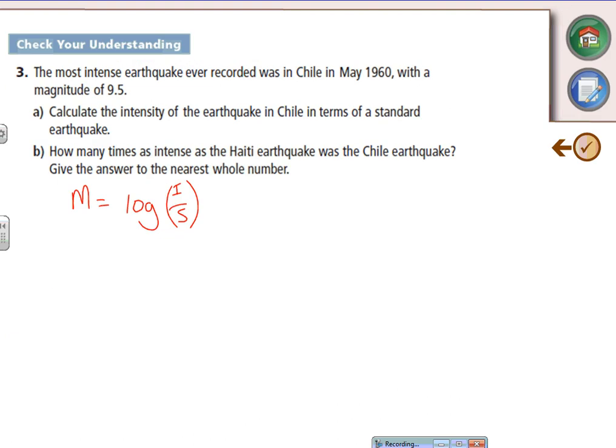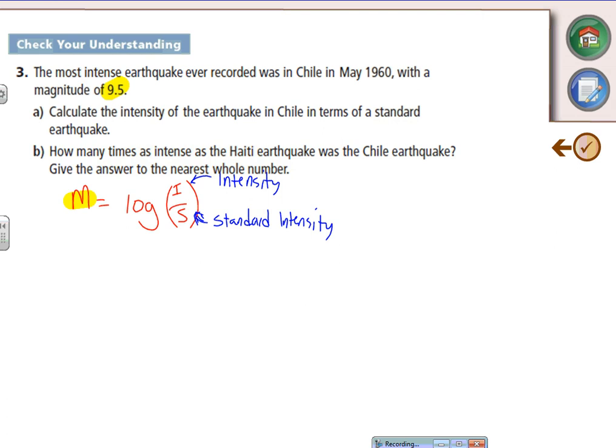All right, so we're looking at the Chile 1960 earthquake. Most intense, magnitude of 9.5. The M is your magnitude. The I here is your intensity, the intensity of the earthquake we're looking at right now, where S is the standard earthquake. So we're comparing the intensity to a standard intensity.